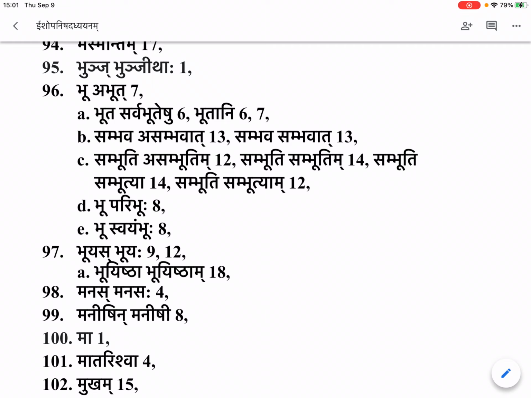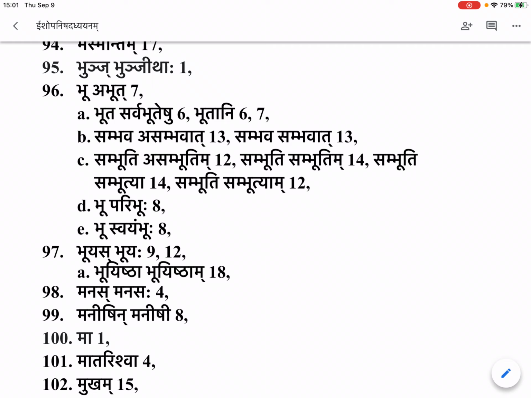Sambhava is also from dhatuhu bhu, asambhavat and also sambhavat in mantra number 13 in two different ways. Similarly sambhuti also is from dhatuhu bhu and asambhutim, sambhutim, sambhuti, sambhutya.